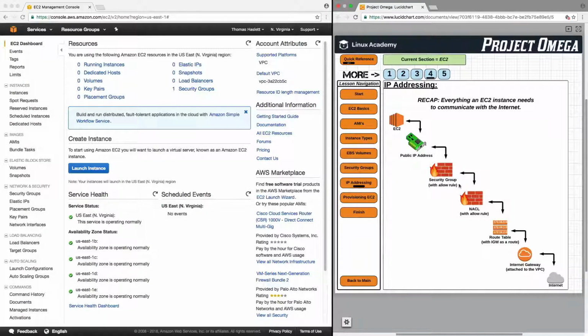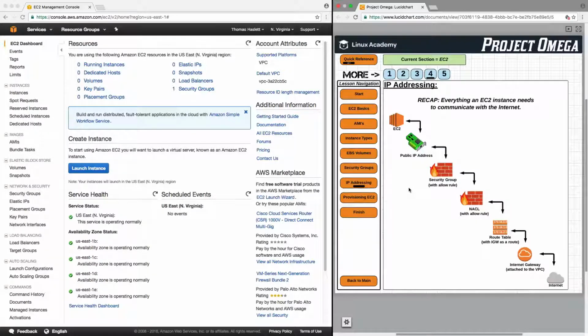But if any one of these components or steps isn't configured properly, then information will not be able to flow between the internet and your EC2 instance. These are all the points you have to look at if you're troubleshooting restriction errors.